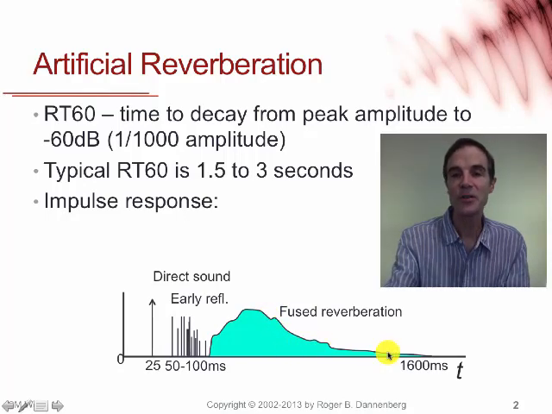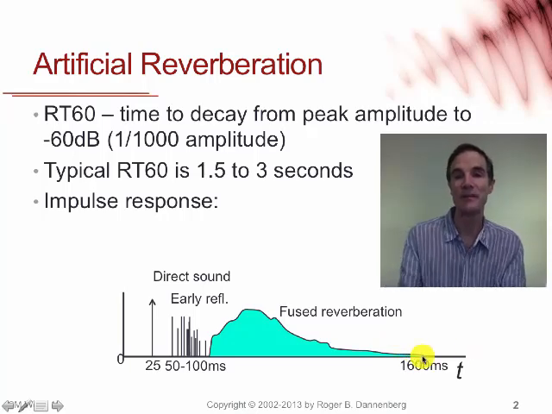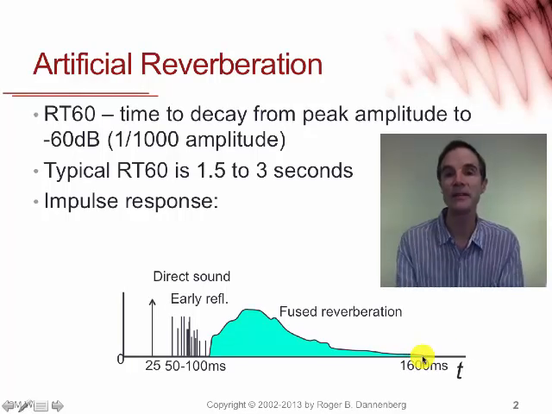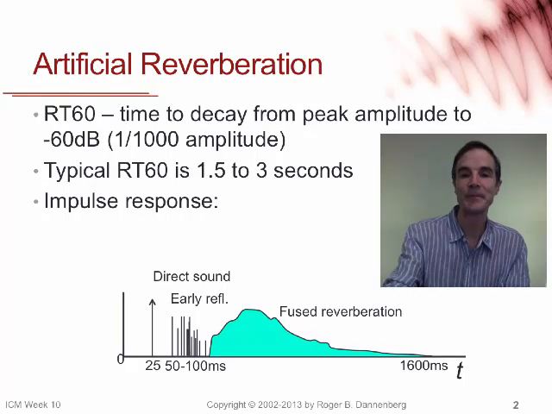And the general shape of the fused reverberation stage is an exponential decay. And so generally this continues to decay essentially forever, but when it's about 60 dB down, it becomes almost inaudible.